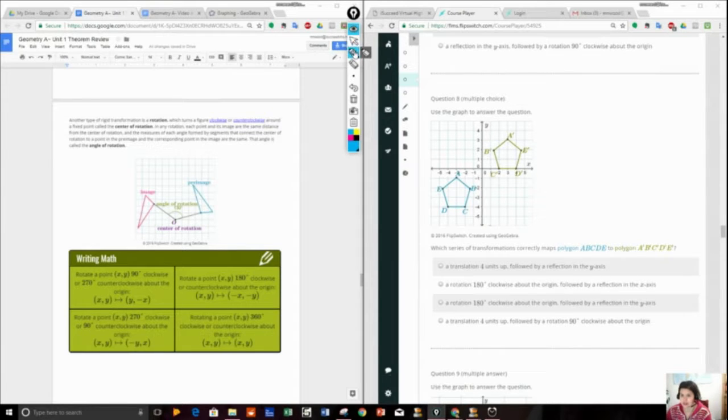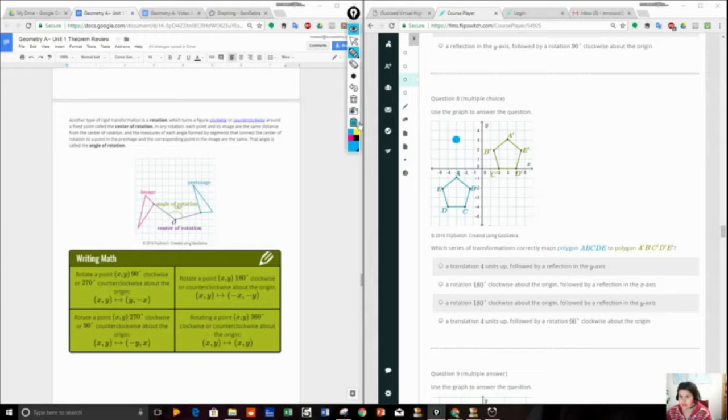So let's try that. If I moved A up 4 units, 1, 2, 3, 4. So there's 4 units, and then it says followed by a reflection in the y-axis. Well, the reflection preserves distance to the y-axis.